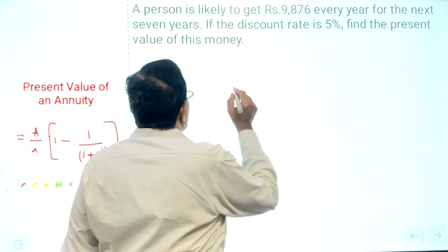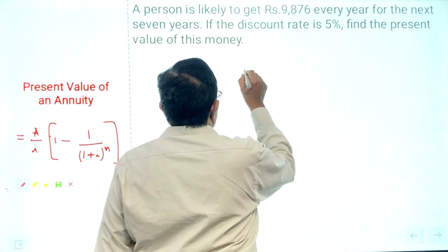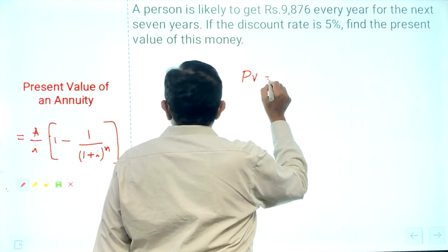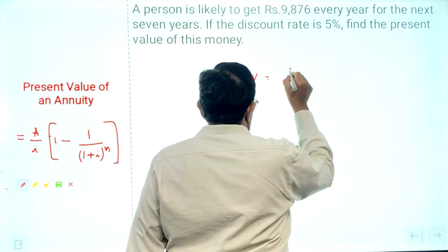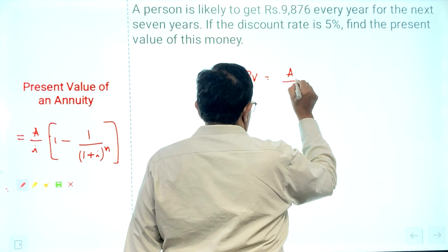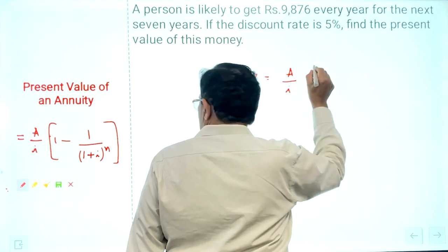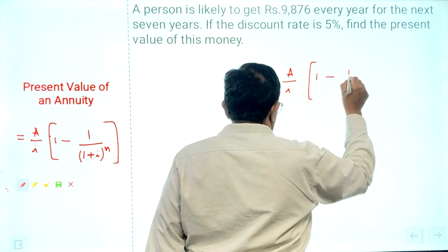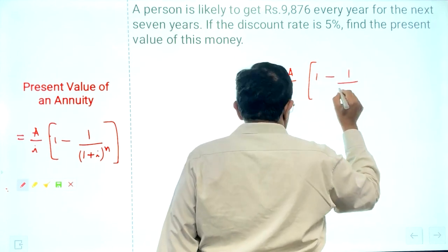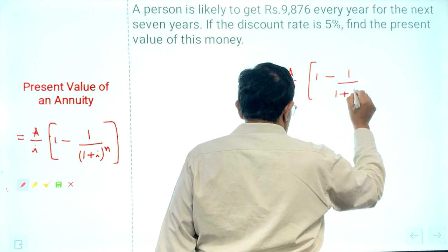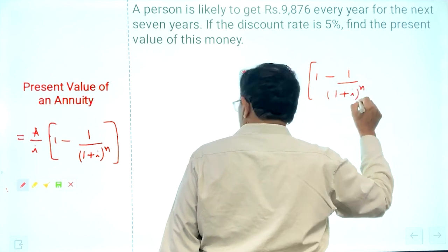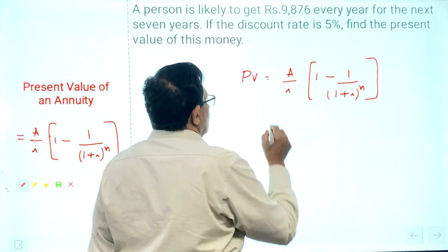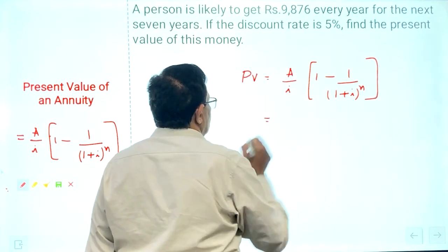So the formula: present value of annuity is equivalent to A divided by I multiplied by 1 minus 1 divided by 1 plus I whole power of n. This is the formula given to us. So let us substitute the values here.